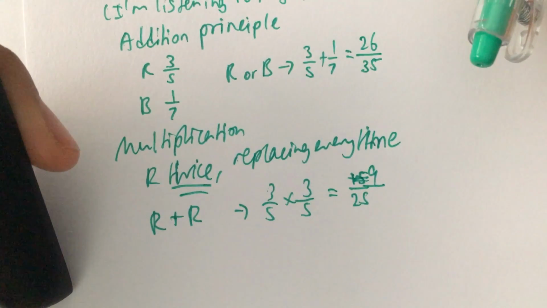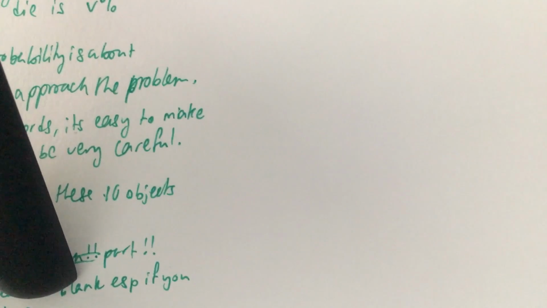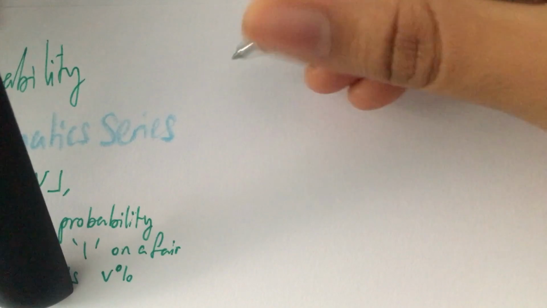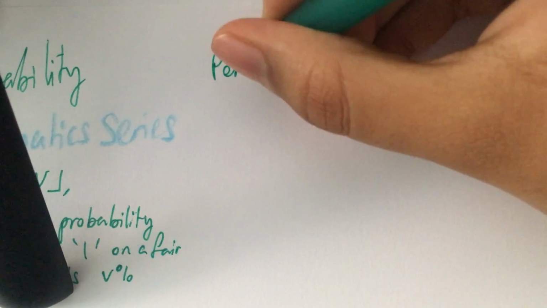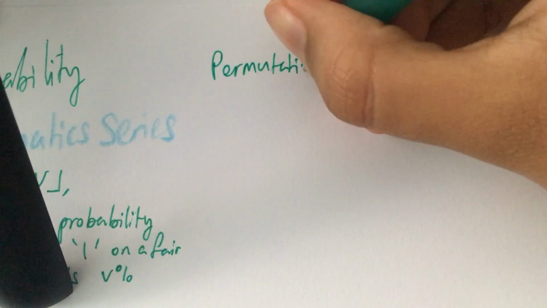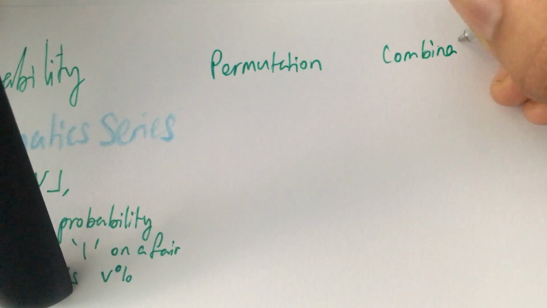Okay, so the next part is about the concept of permutation and combination. So let's just cover what the P and the C mean. For C, when you use C, you will just have the factorial.